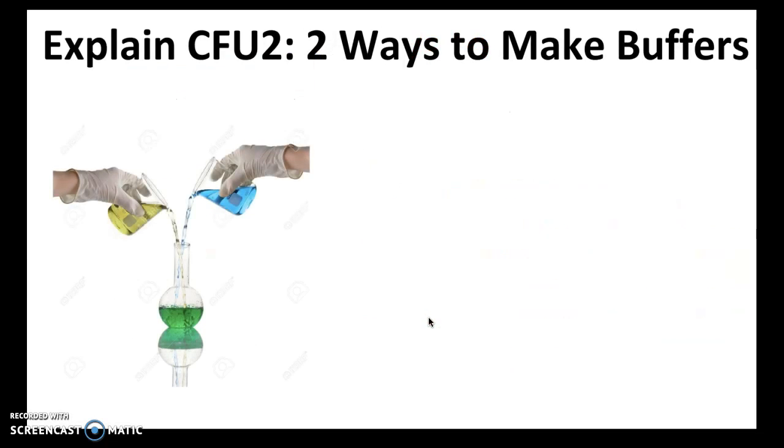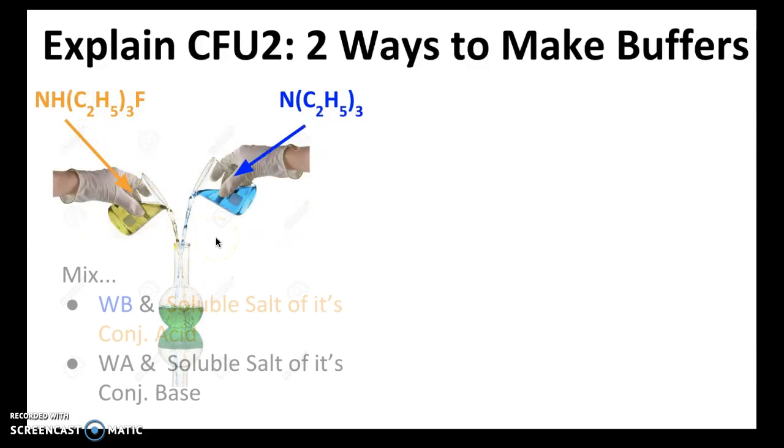In that example, if we have the triethylamine and we mix it with the salt of its conjugate acid, that would make a nice buffer because we're mixing the two separate solutions together.